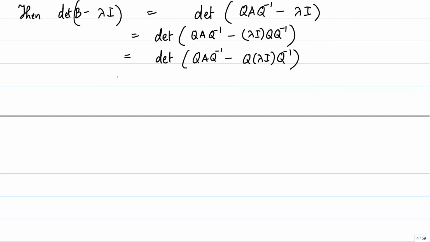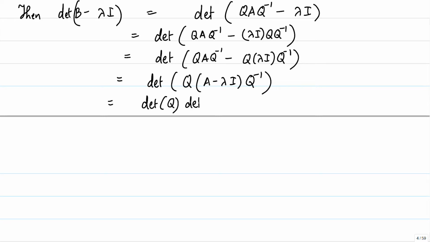That's good, because now we can write this as the determinant of Q times A minus lambda I times Q inverse. And what do we now know about the determinant? The determinant is that special function which, when you apply it to a product of matrices, will be the product of the determinants. So this is the determinant of Q, the determinant of A minus lambda I, the determinant of Q inverse.